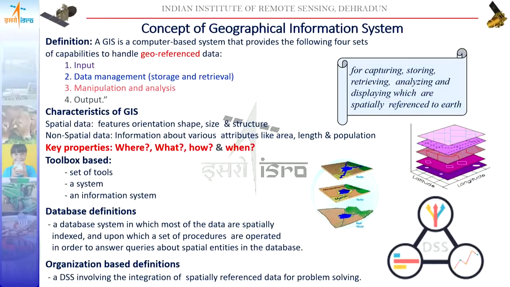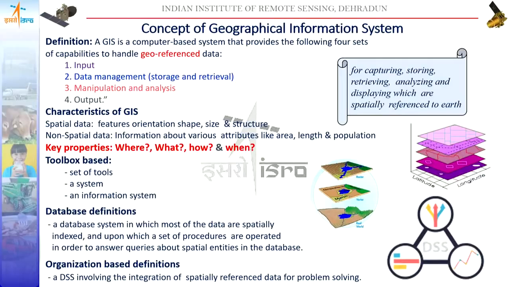The third part is the manipulation and analysis, that makes GIS much more powerful as compared to other components. Manipulation and analysis means once you have all these GIS layers available, you can directly integrate them. You might have a layer of road network, a layer of facility management, a layer of distribution centers.